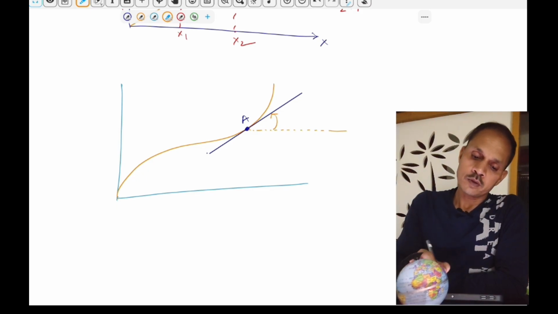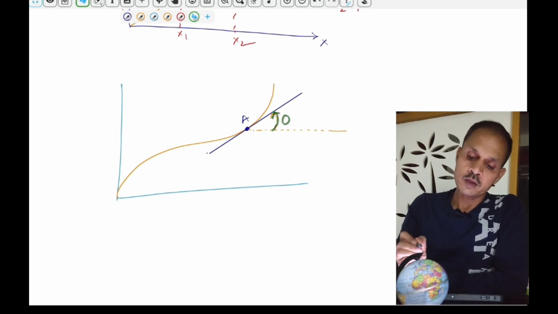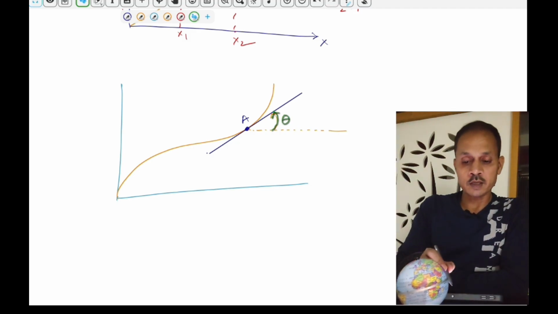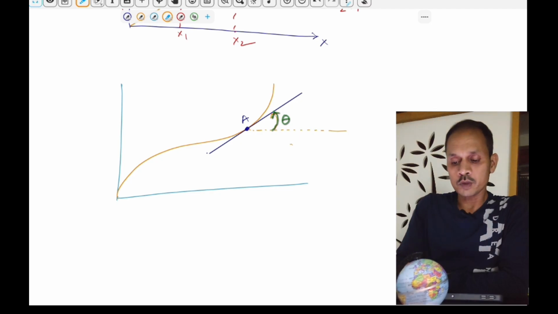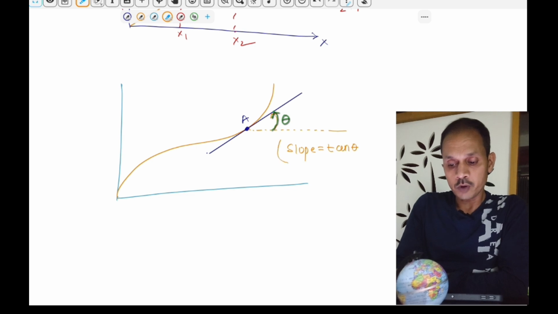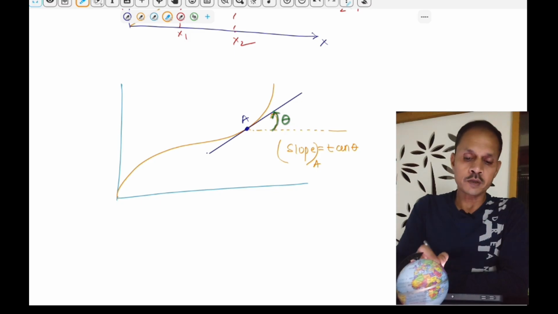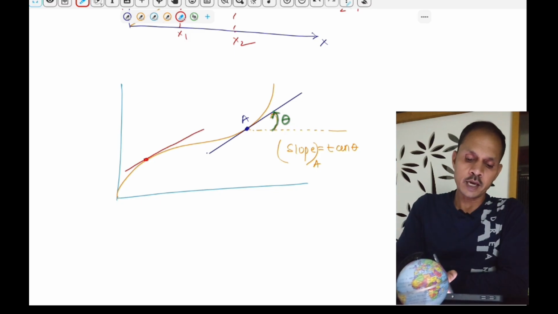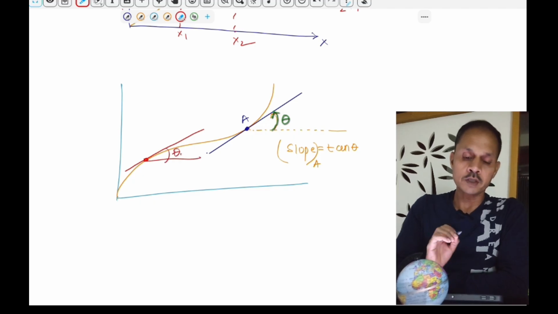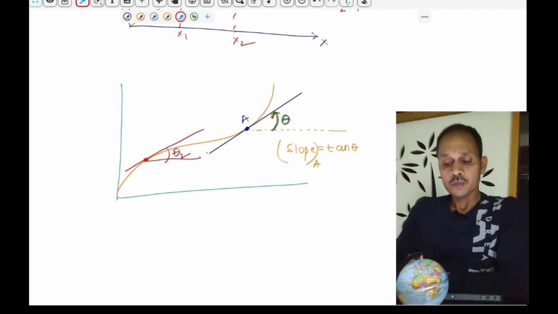So this angle, let us say theta, is the angle between the x-axis and the graph. So slope at point A is tan theta. Similarly, if I take a different point, then I draw a different tangent there. There the angle can be different, slope can be different, right?